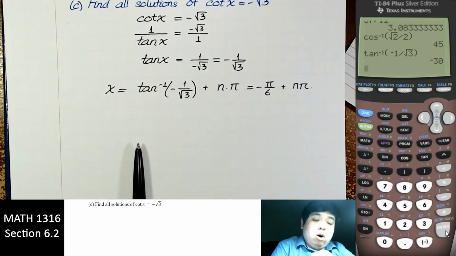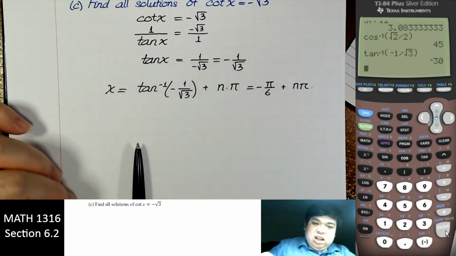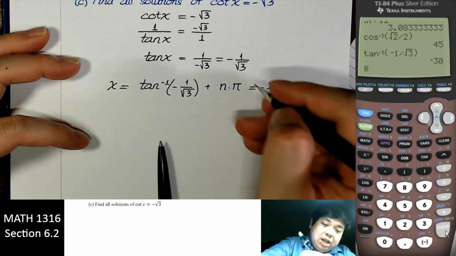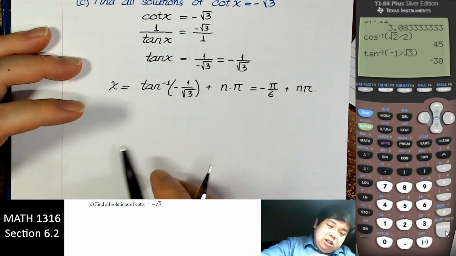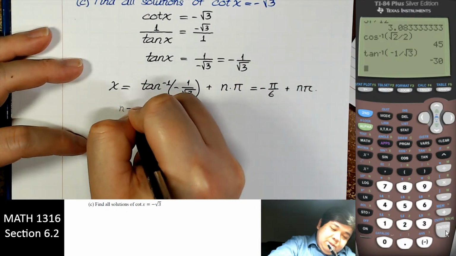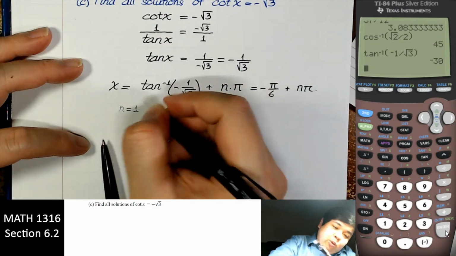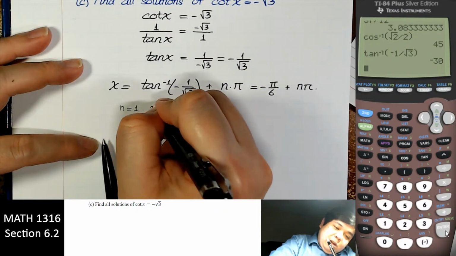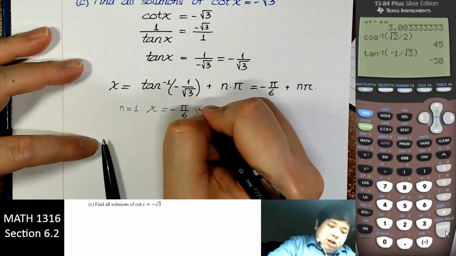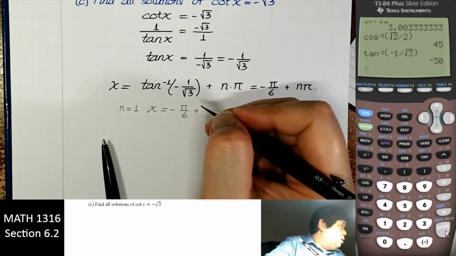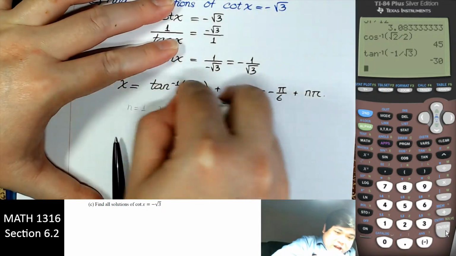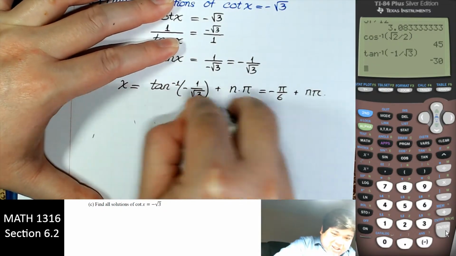That answer certainly works. But if you don't want the answer that is negative, you can always add n equal to 1. We have x equal to negative pi over 6 plus, so I cannot write in pencil, okay, nobody can see it.